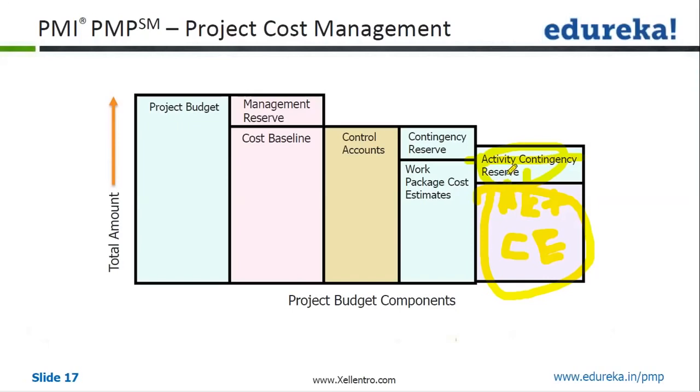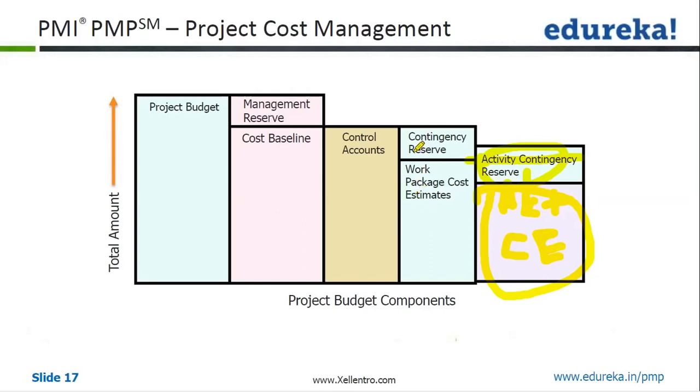The contingency reserve will be related to the activity that you are going to perform. So every activity may have an activity contingency reserve. When you add up all the activities related to a work package, you get the work package cost estimate. Let's say a work package has 4 activities. You add up all the activity cost estimates and activity contingency reserves, which is a cost buffer in a way, and you get the work package cost estimate.